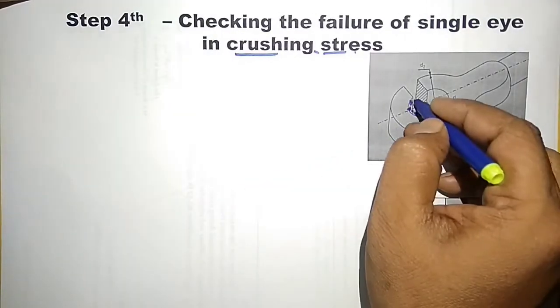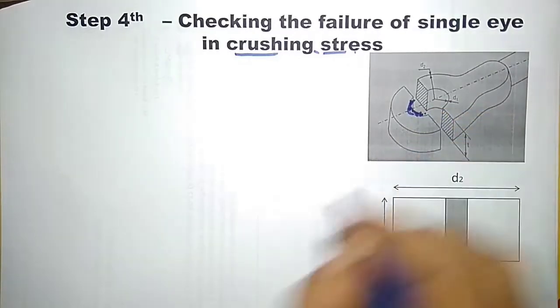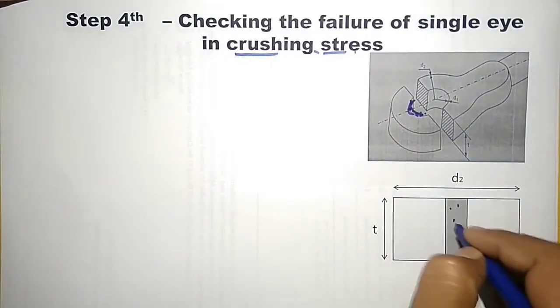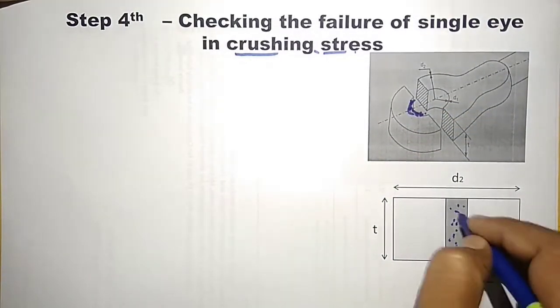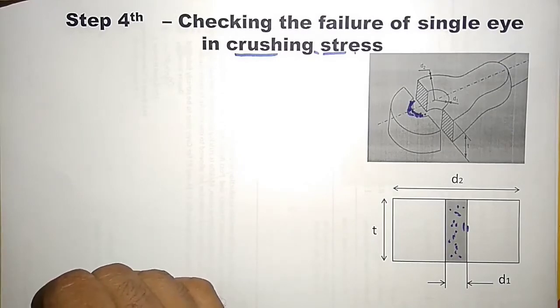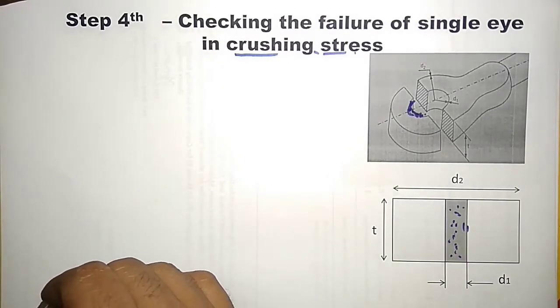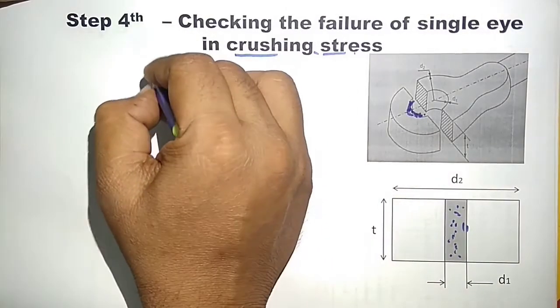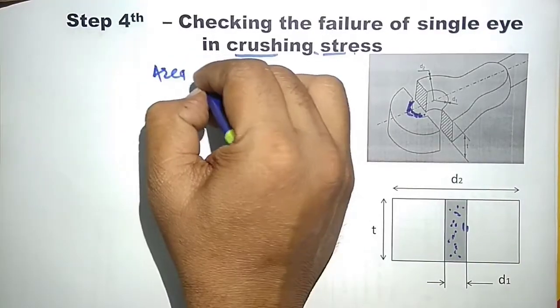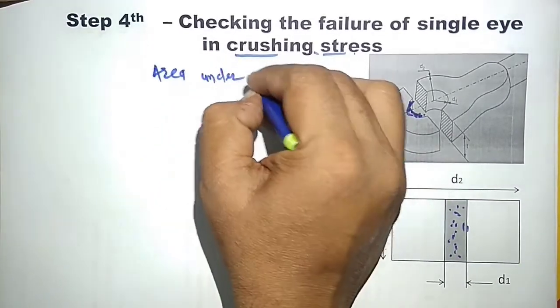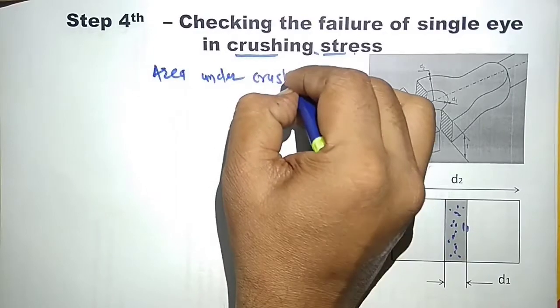So consider only this much area for the crushing. What will be the area under crushing?